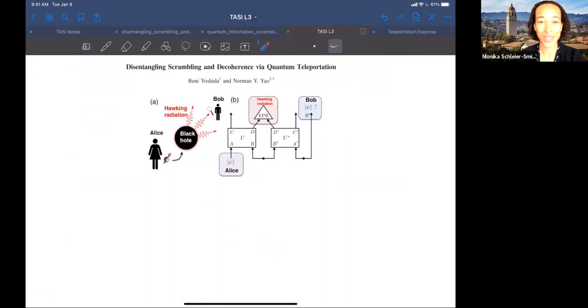But actually, from the Hawking radiation that leaves the black hole, Bob has a way of deciphering Alice's diary. There's a specific protocol for doing this, which involves Bob understanding the black hole well, and in fact even making his own copy.